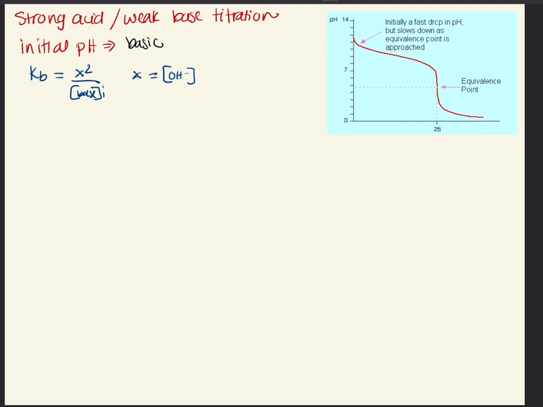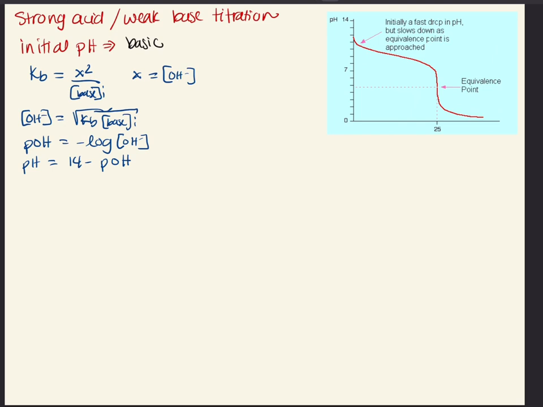So I can solve for my hydroxide, which is x, and it's going to be the square root of Kb times the initial concentration of your base. And then as soon as you have that, you can calculate your pOH, and then you can calculate your pH. So it's very, very similar to the way we calculate the initial concentration of a weak acid.